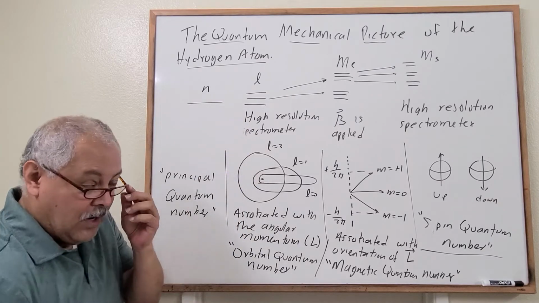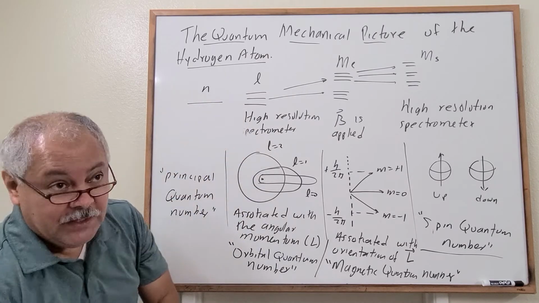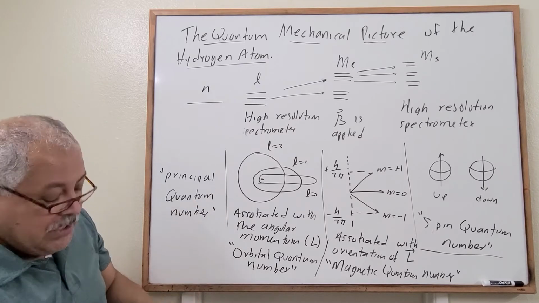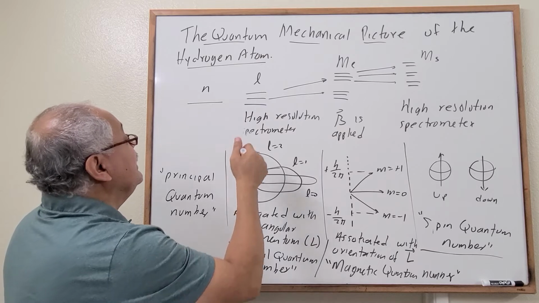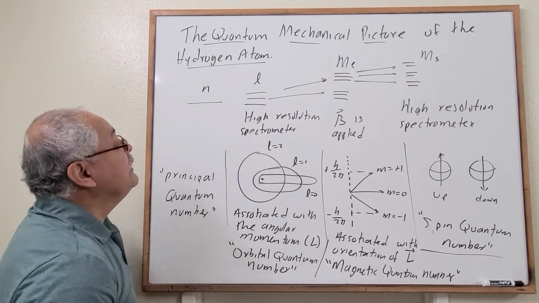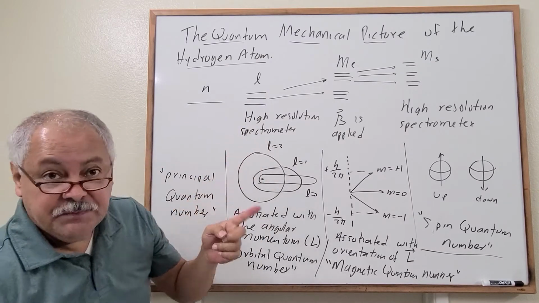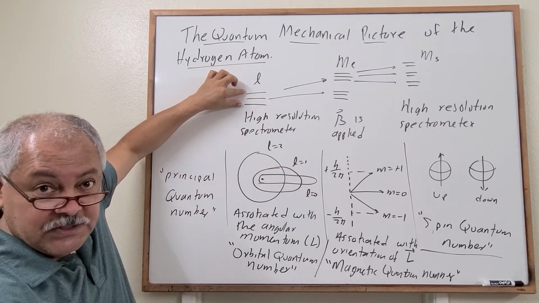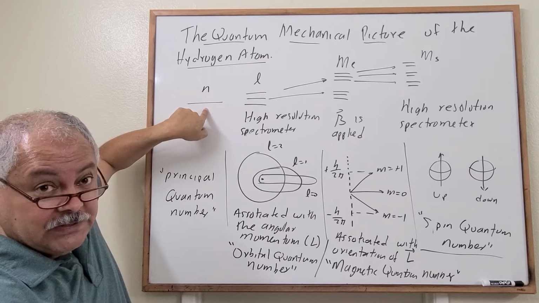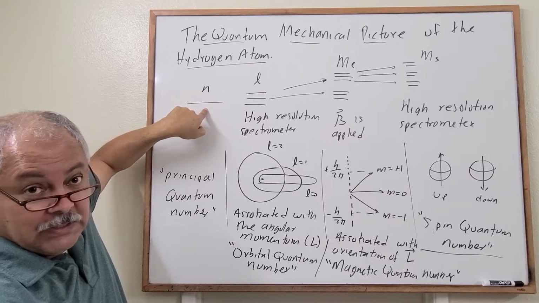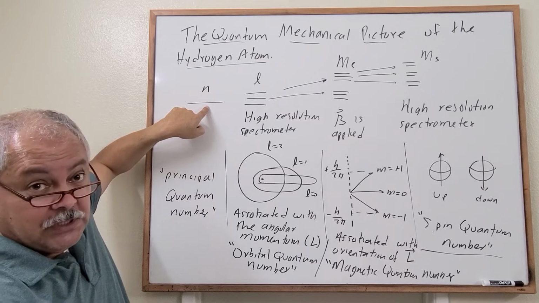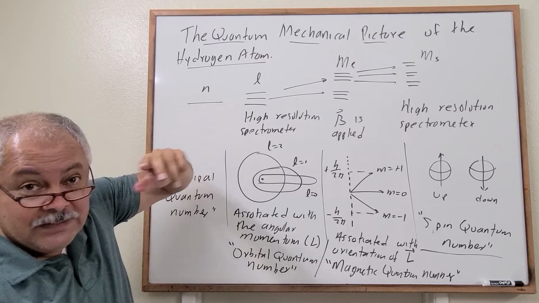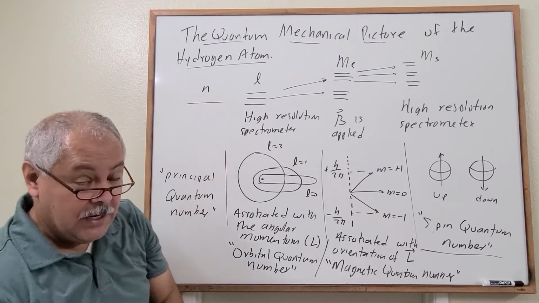For example, if we have this energy level, the principal line, and we use a high resolution spectrometer, it is found that more lines are split from this single principal line. So we have three more, or four, or two, depending on the level.